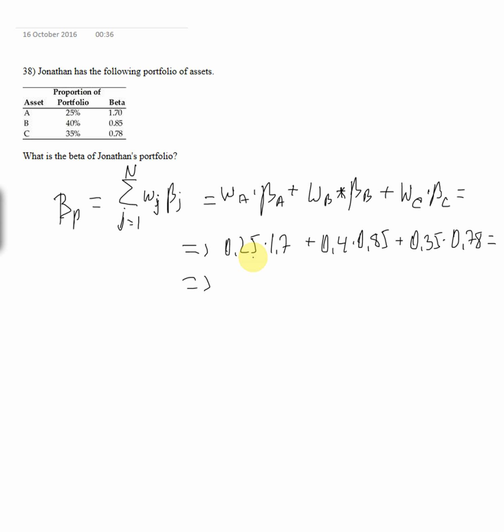If you just multiply them, you will get 1.04.